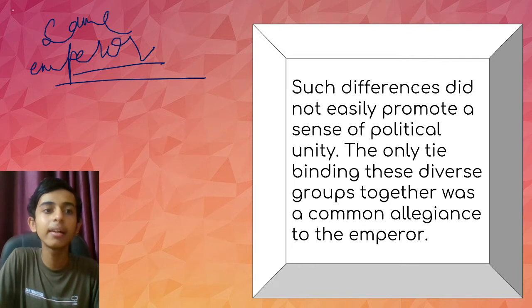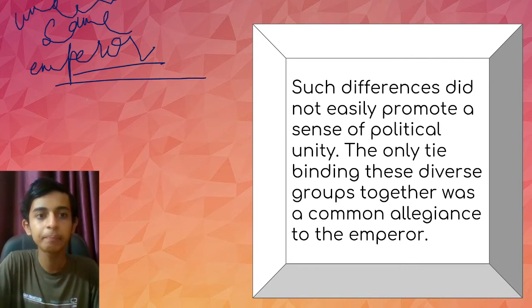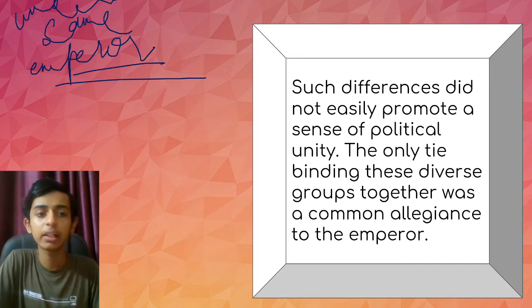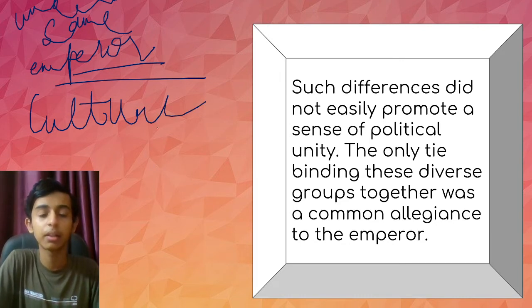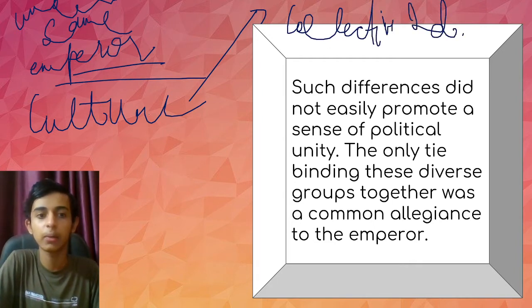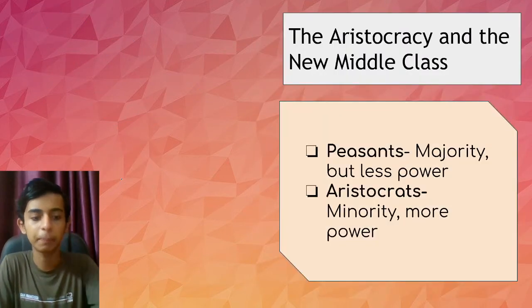They were under the same emperor; the same emperor was ruling them. So this was something which was common. Otherwise, the culture was different, which should be the same so that a collective identity can be formed, and languages were different as well. So that was a kind of problem.